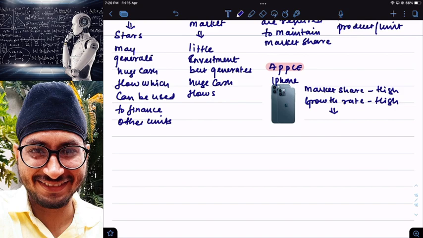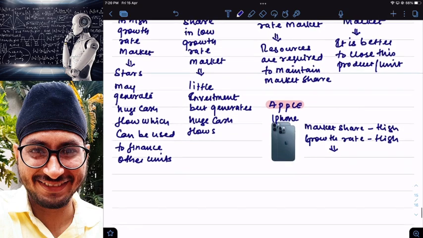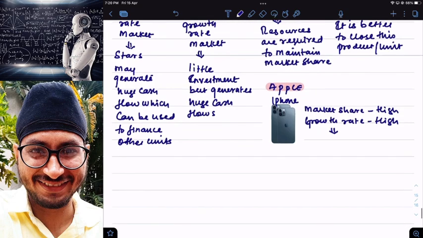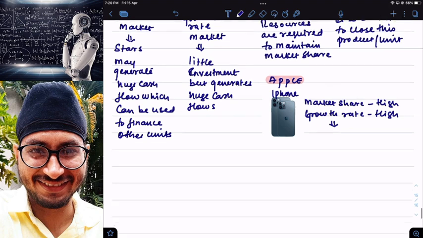Is it a star or a cash cow or a problem child or is it a dog? Carefully see and tell. It is having a very high market share plus growth rate is also very high. So can I say iPhone is an example of star for Apple? Star for Apple.